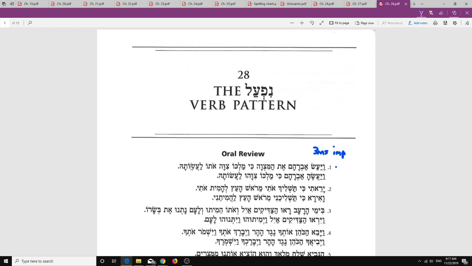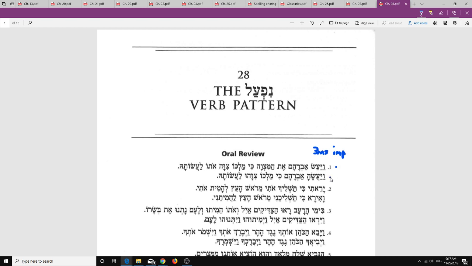So we can see again our verb asa here with a lamed out front tips us off right away that this is an infinitive. There's something different going on at the end here though, and we can see that this is a 3fs pronominal suffix. So "to do it," and the "it" is referring back up to this command, and so it takes that feminine singular form. Okay, so altogether we have, "and Abraham did the command because his king commanded him to do it."